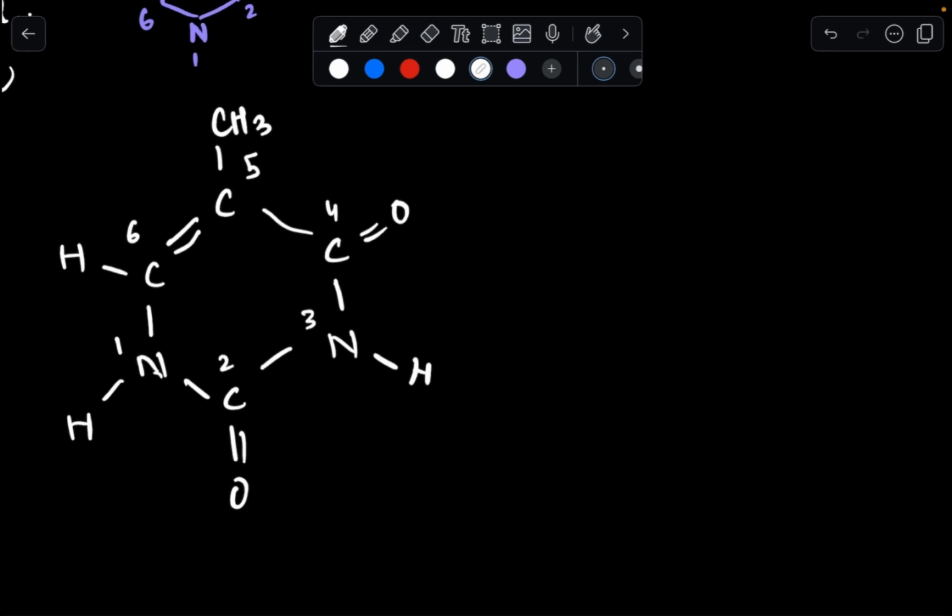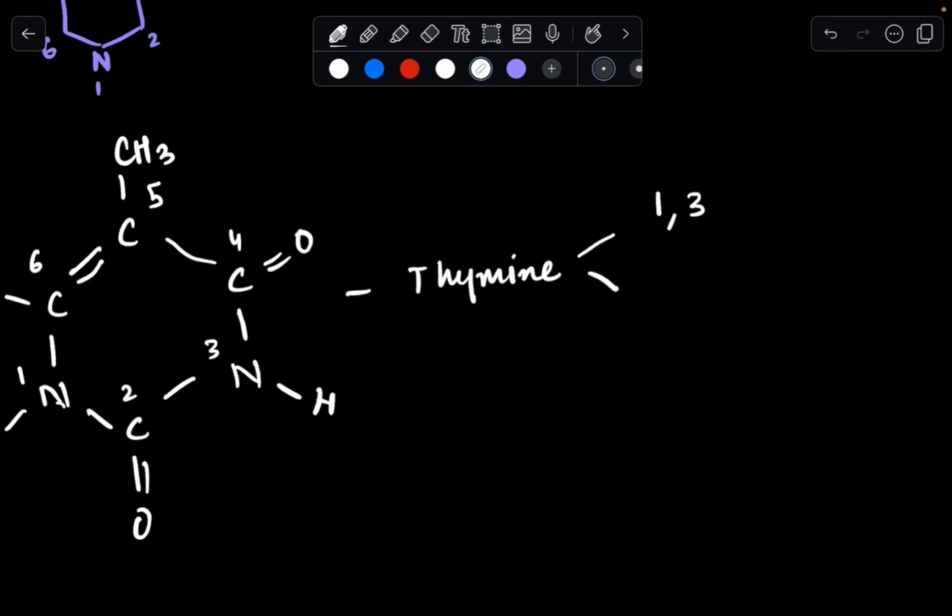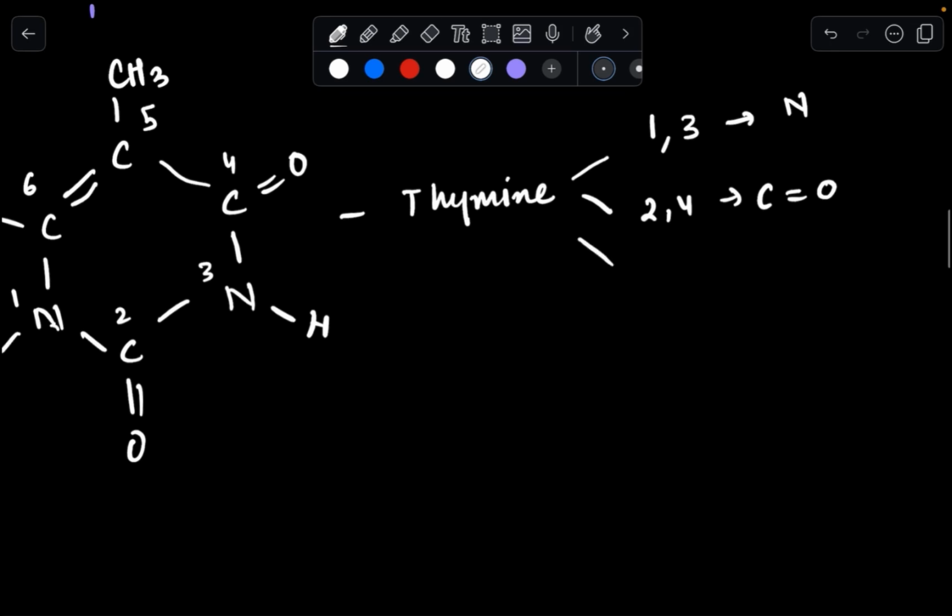You can just check if the valencies are complete, and if not, just add hydrogen or double bonds. So thymine, just remember like this: on the 1st and 3rd positions it has nitrogen, on the 2nd and 4th positions it has C double bond O, and at the 5th position it has a methyl group.